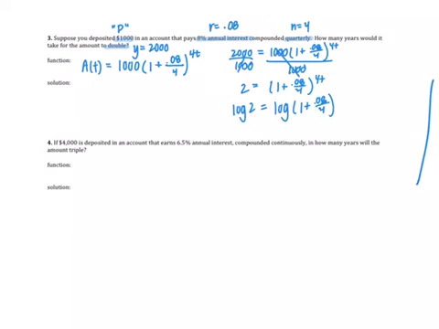And then because 4t was the exponent, I'm just going to go ahead and move it to the coefficient. Then I divide by the log of the 1 plus 0.08 divided by 4. I literally will just type that in my calculator. I don't really need to do any calculation before the last step, and that leaves me less room for error.